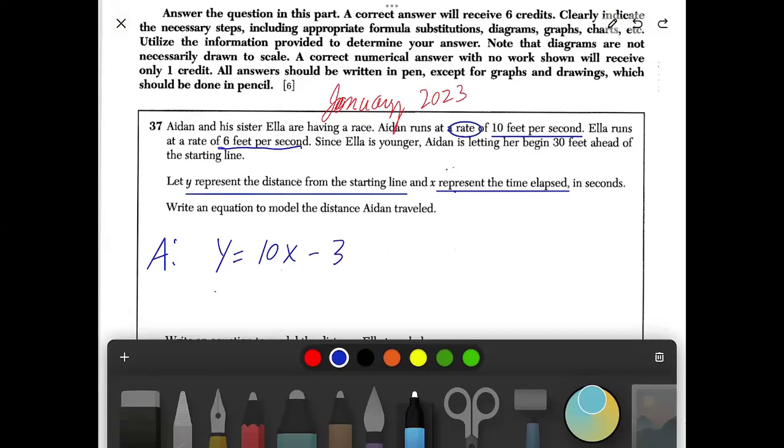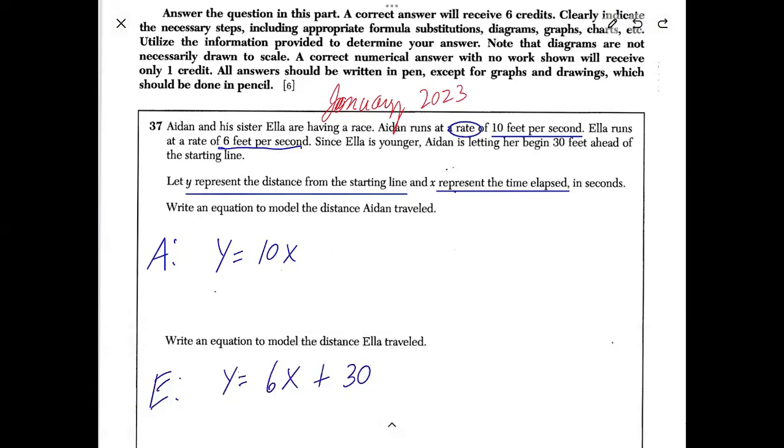But I think it's easier and more intuitive to say that Ella starts with a 30 feet head start. Now that I've got these two equations, they want to know how long will it take for Aiden to catch his sister. So all you're going to do is graph both of these and find where they intersect. So let's do that.